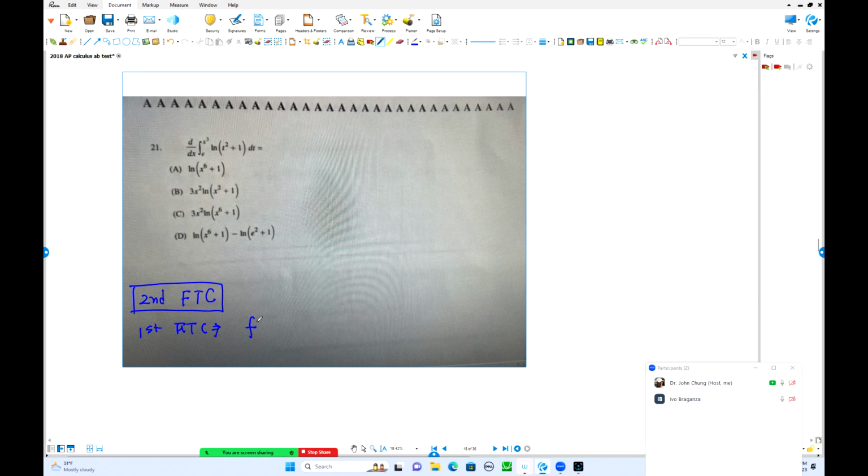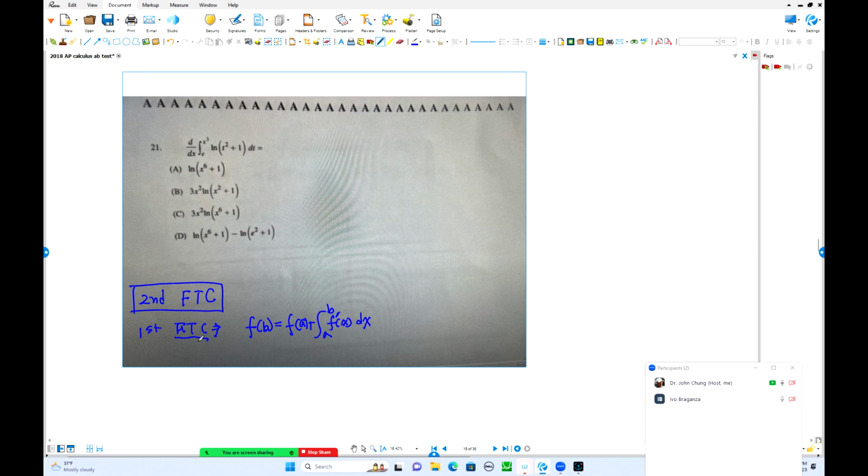You just finished it: f of b equals f of a plus the integral from a to b, the sum of all this derivative between a and b. That is the first fundamental theorem of calculus.